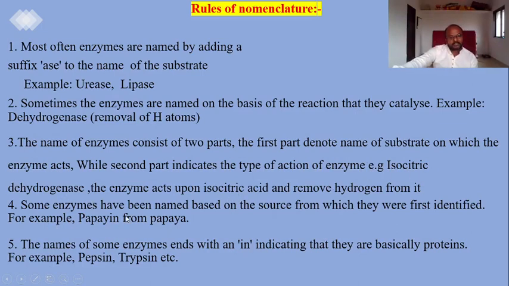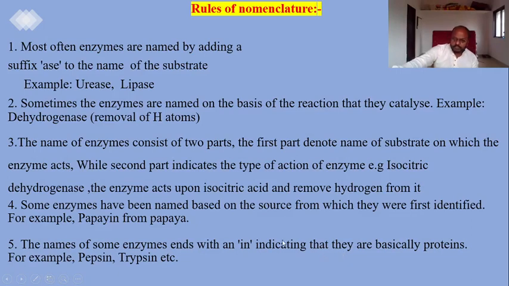Next, some enzymes have been named based on the source from which they were first identified. For example, papain. The papain enzyme is isolated from the papaya, therefore scientists gave it the name papain. The next rule: the name of the enzyme ends with -in, indicating that they are basically proteins.